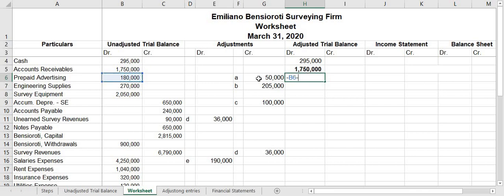Kaya it indicates deduction of the amount. Kaya 180,000 minus 50,000, okay? That gives you 130,000 adjusted balance.